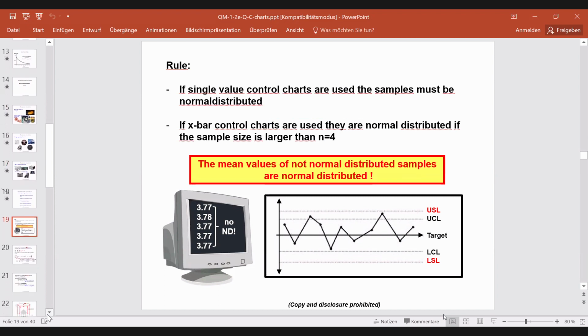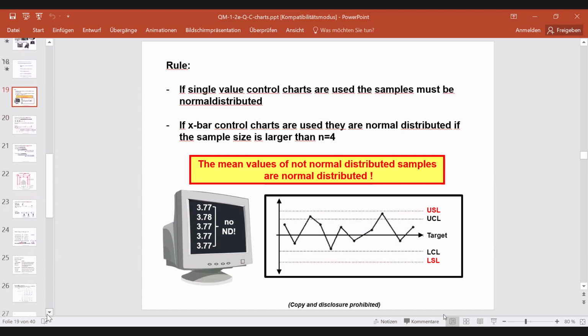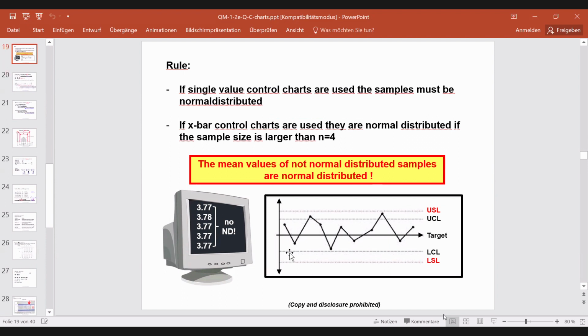Okay, let's go back to the quality control charts. As I told you, in the quality control charts every point here is usually not a single measurement, but an arithmetic mean value of a sample of 3 parts or 5 parts. Now, it can be that the sample of 3 parts or 5 parts is not normally distributed.